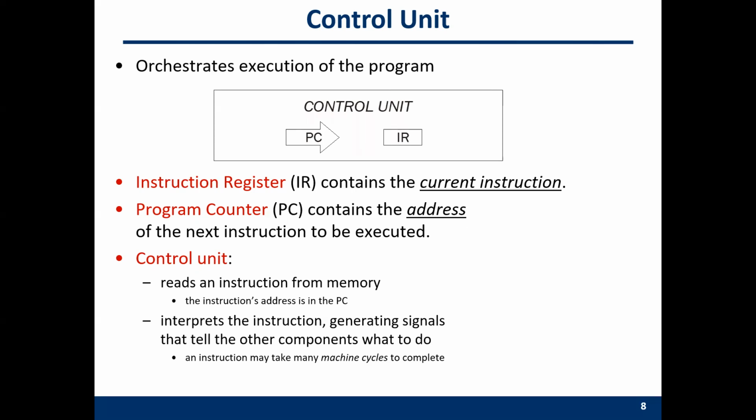So the program counter actually stores the address of the next instruction. The next instruction may not be the neighboring instruction. It can be a totally different instruction, because you have if-else and loops, right? You may not be able to always execute your code sequentially.